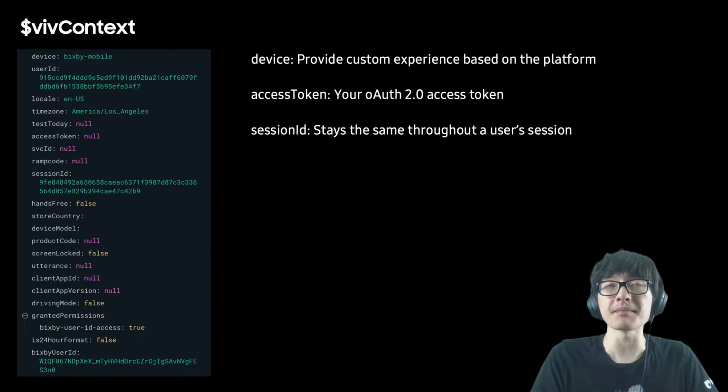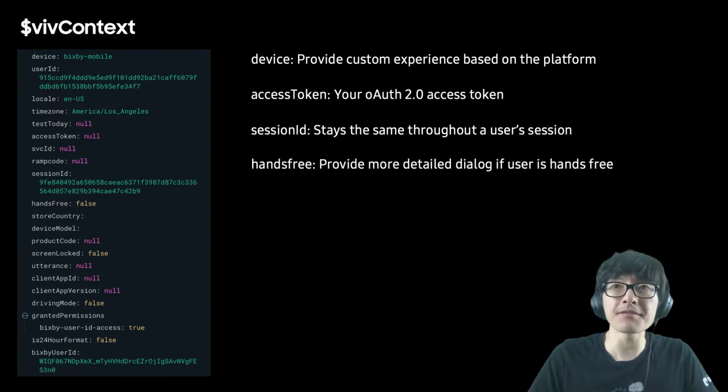So what that means is that during a session, this ID will not change, and you'll know that the user has been continuously using Bixby during a session. Now, sessions reset when, let's say, the user closes Bixby or navigates away from your capsule, things like that. So that's how the session can change.